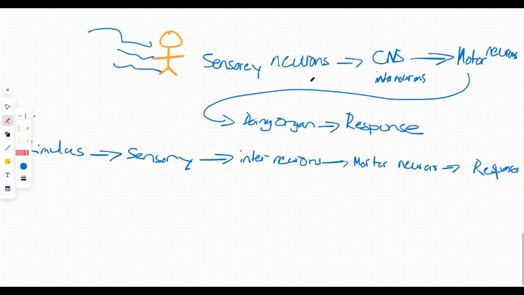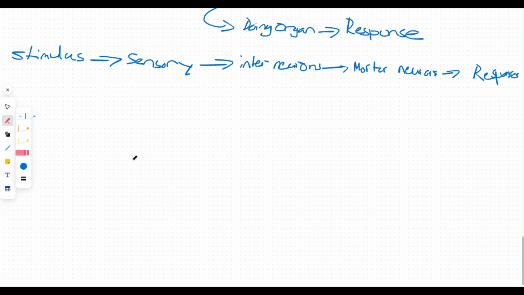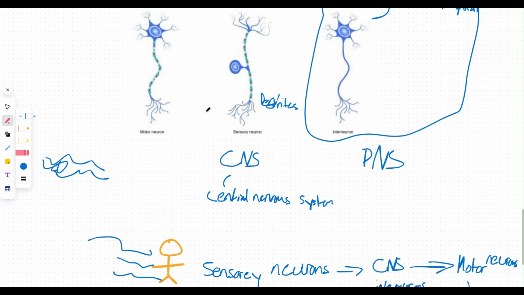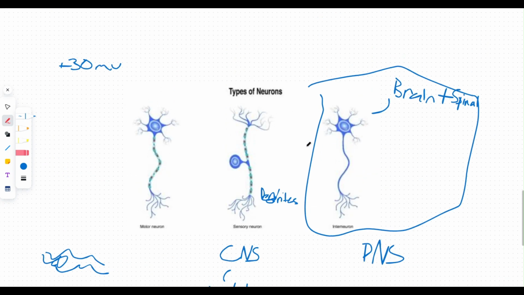Now, let's just get into a negative feedback. That's pretty much it, right? Interneurons thinking, sensory neurons sensing, motor neurons doing, telling the organ what to do. That's literally it. Just think of the motor neurons as messengers. Types of neurons: this is sensing.